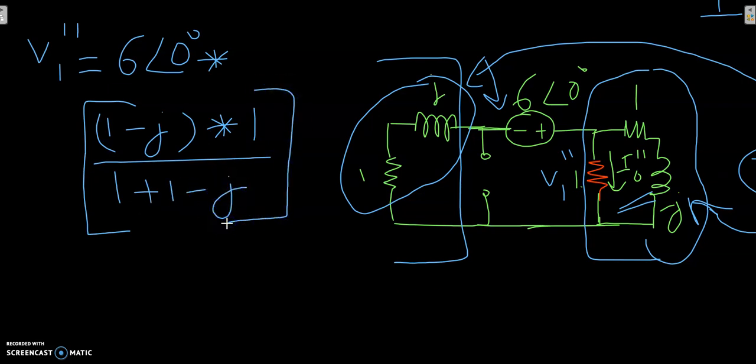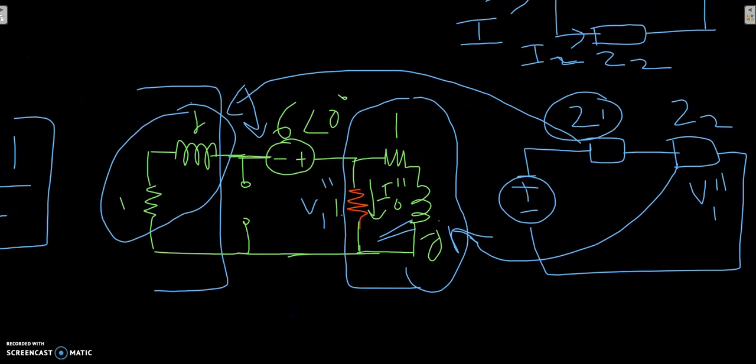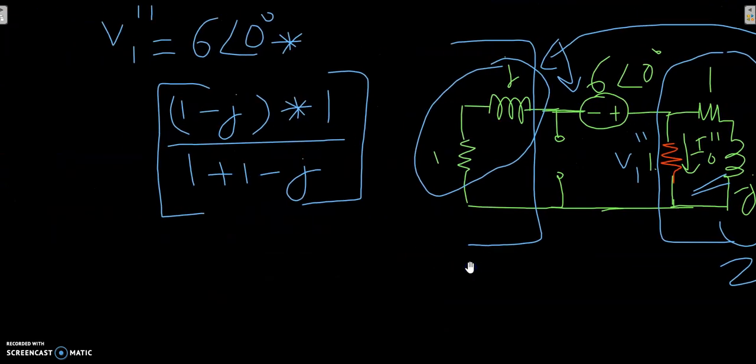So this is basically the impedance Z2, and I have to divide it by the sum of the impedances Z1 and Z2.